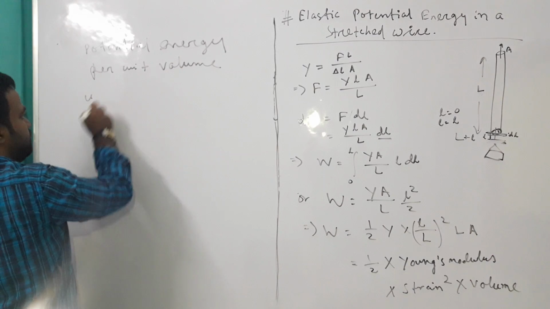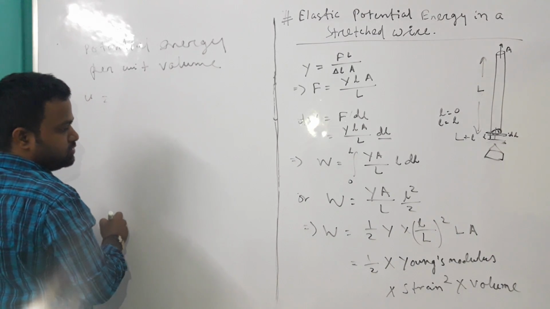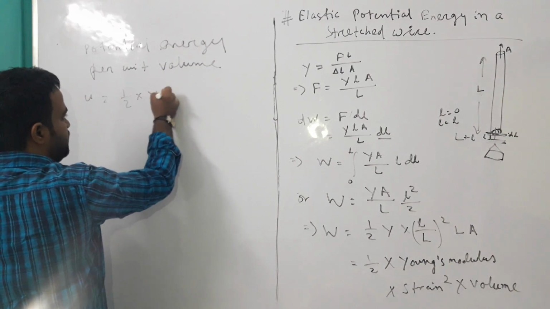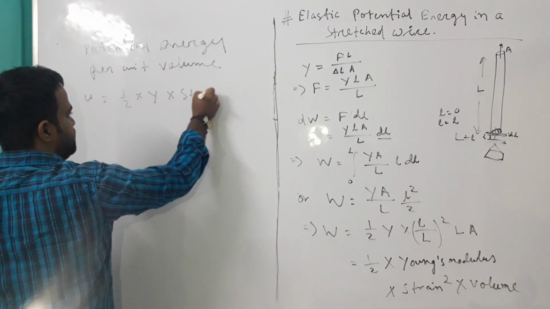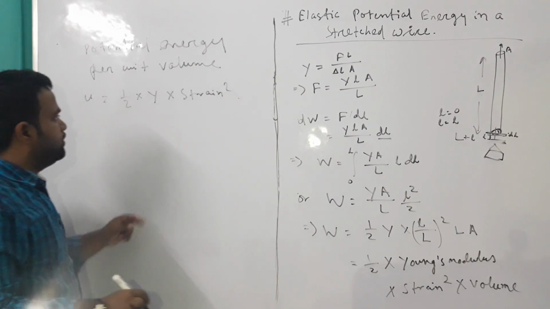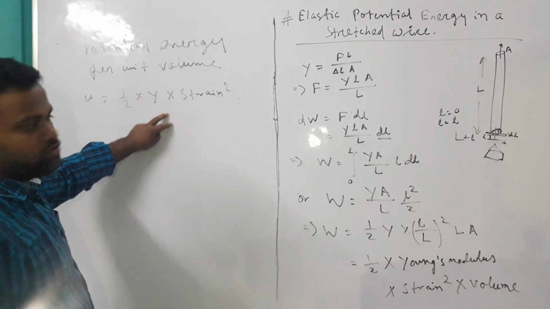Let this small u be half into Young's modulus Y into strain square. This is one formula.